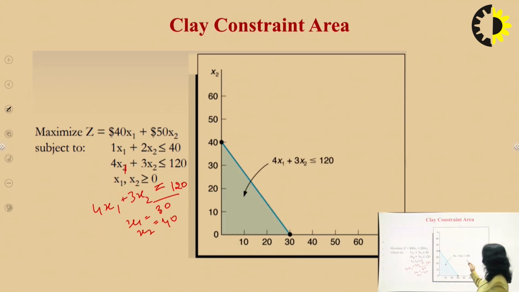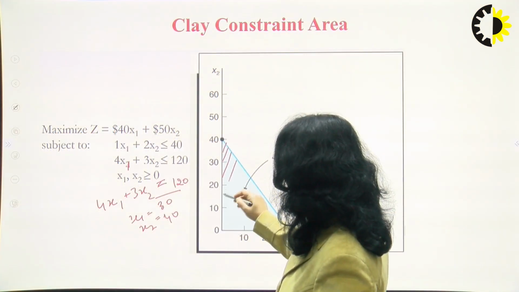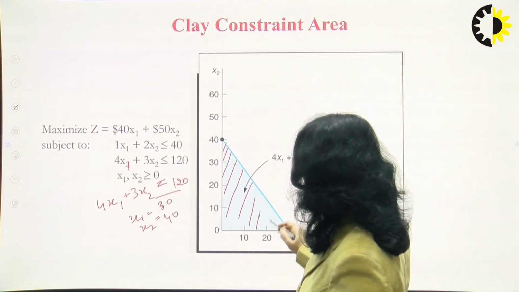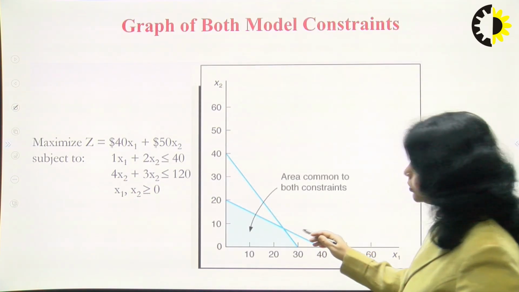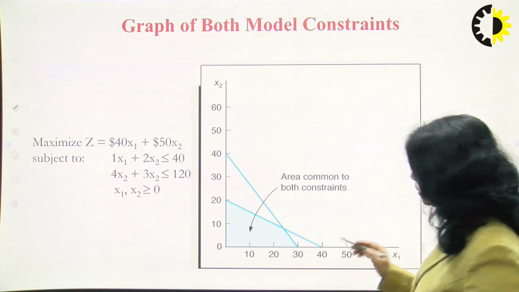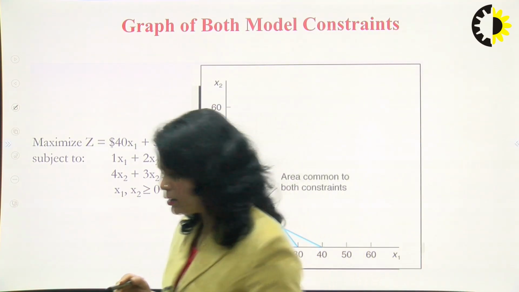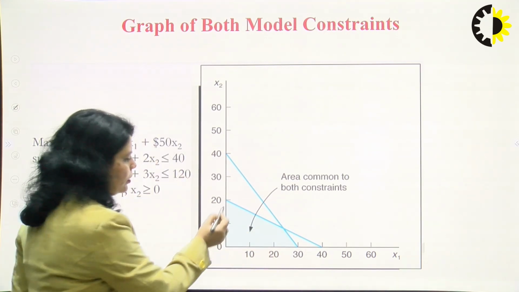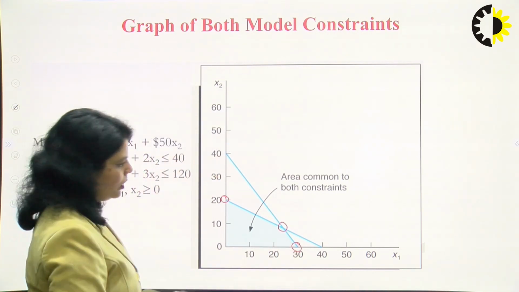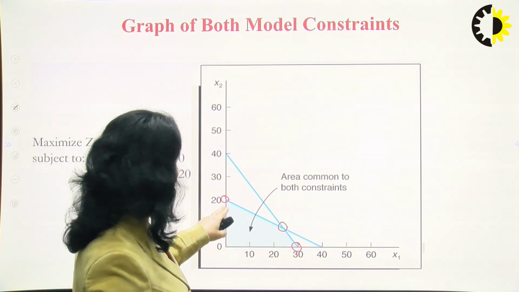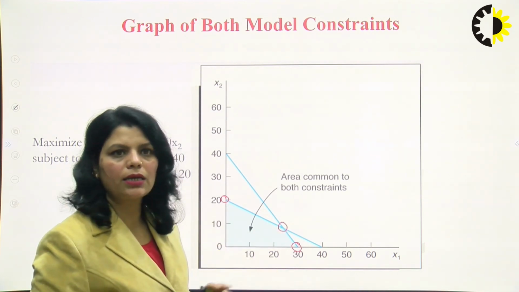In the second constraint also, the less than or equal to symbol is involved, so we will again shade the area which is below the line. Now we plot both the lines on the graph, and we will select the common region. We can see we get three points. One is on the x1, another one is on the x2, and one is the intersecting point.